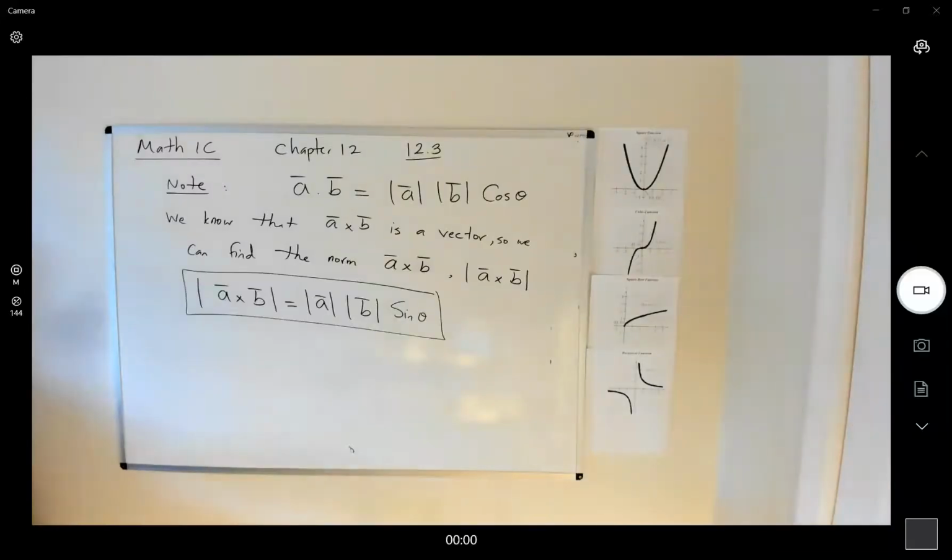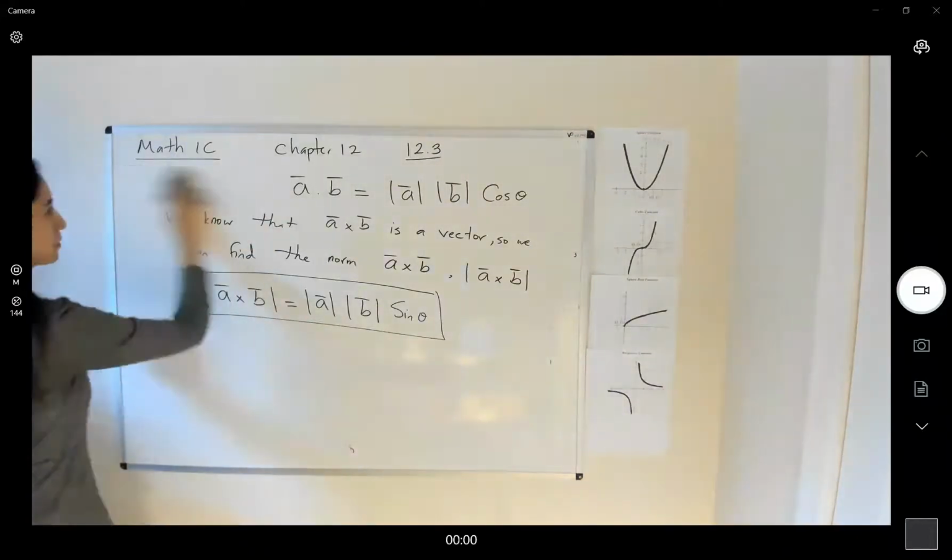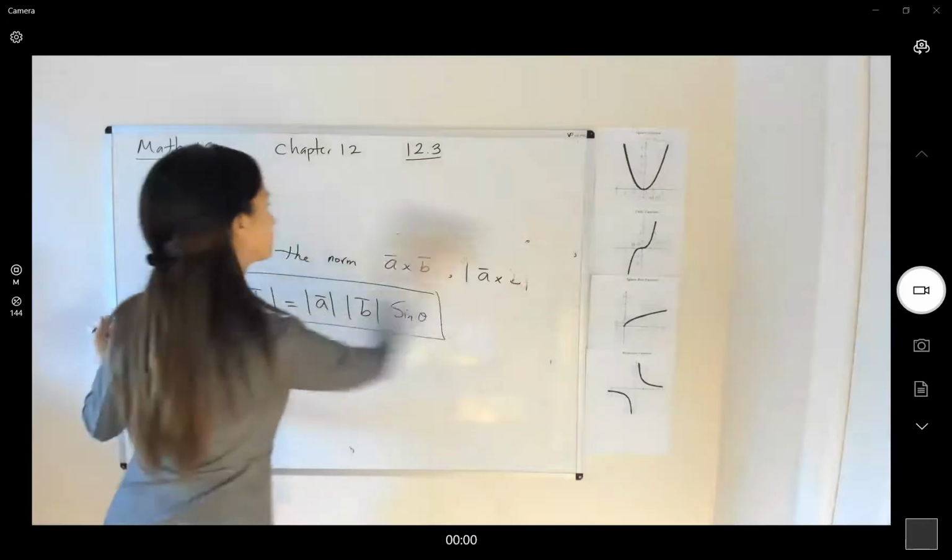Very well. So where do we use the cross product between two vectors? Another note for you.